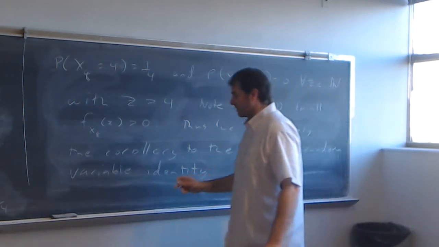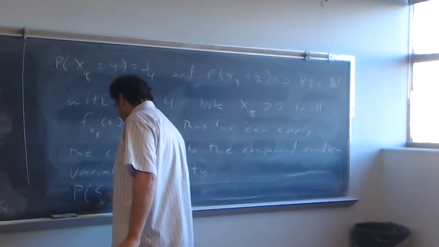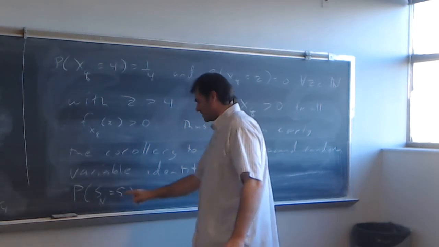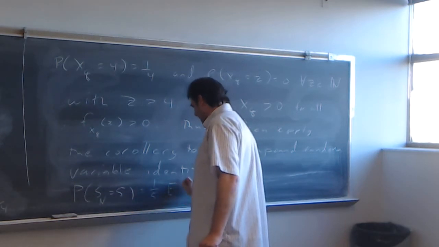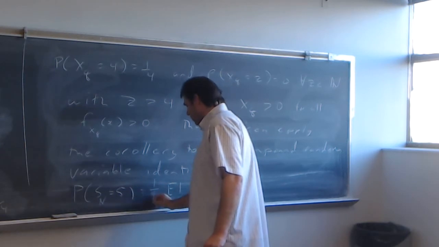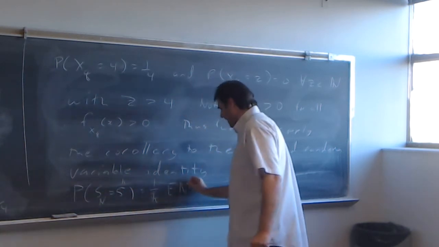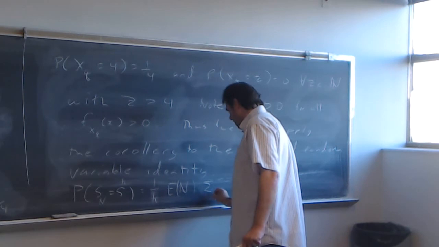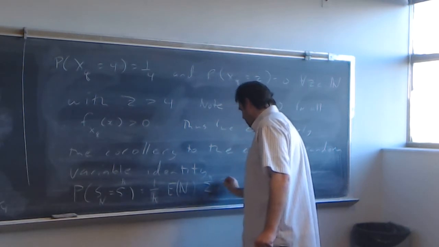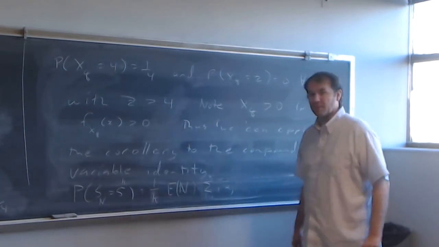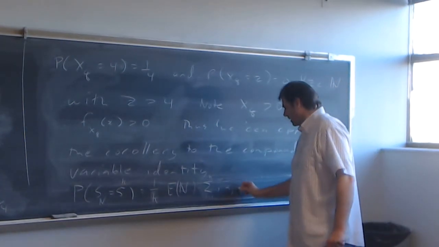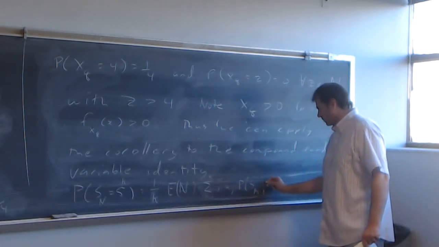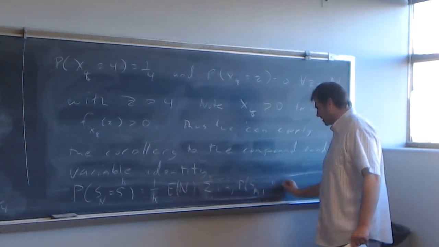Namely, what we can say is the probability that S_n is equal to 5, that was our problem, is equal to k over... 1 over k, so 1 over 5, the expected value of n, times the sum as j runs from 1 to k of alpha sub j, which was the probability that X_1 is equal to j, times the probability that S_{m-1} equals k minus j.